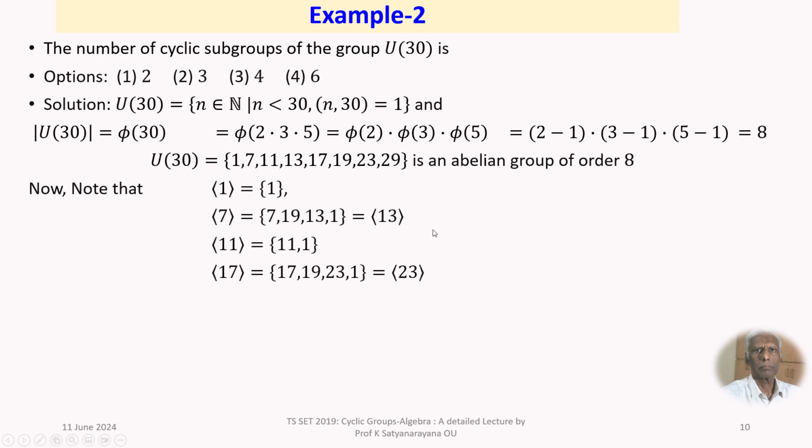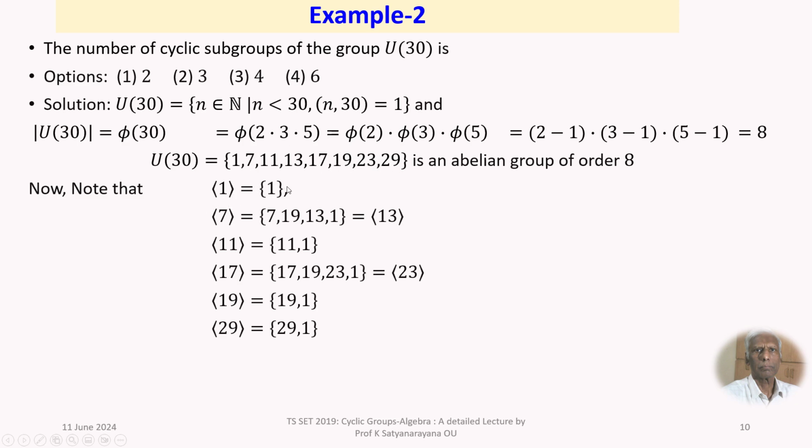After 17, 19. It is a cyclic subgroup generated by 19. And after that 23, the cyclic subgroup generated by 23 is the same as the cyclic subgroup generated by 17. So we are left with 29. The cyclic subgroup generated by 29 is {29, 1}. So we have taken care of all the elements.